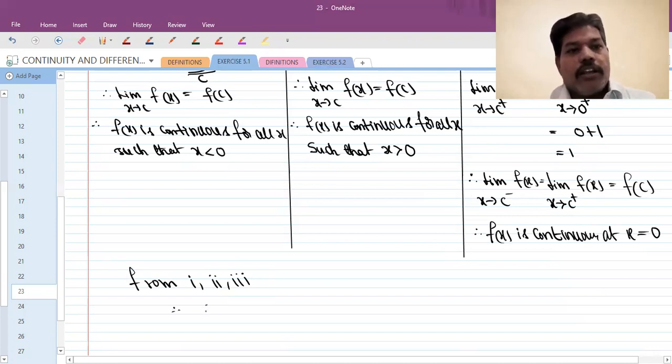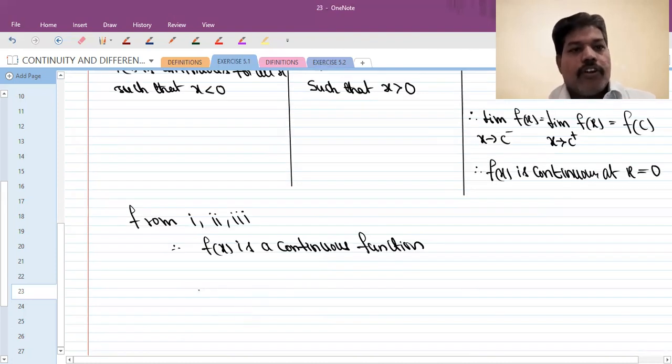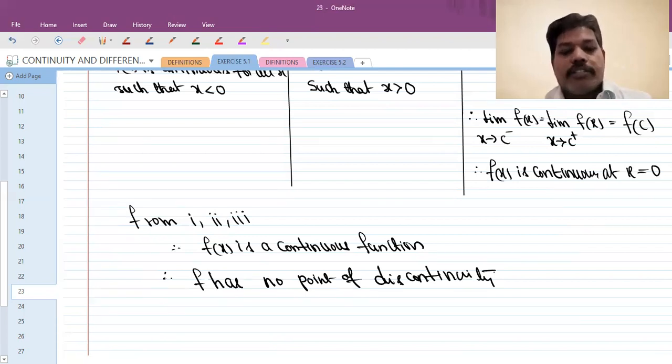Therefore, we can conclude that f of x is a continuous function, meaning f has no point of discontinuity, because the function is continuous for all points in the domain of f. So automatically we can say that the function f has no points of discontinuity.